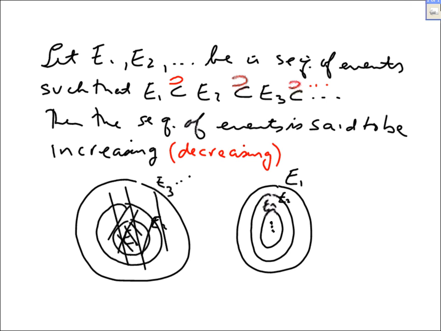Okay, so those are the definitions. Now for the proposition. We're going to state a proposition about increasing and decreasing sequences of events.